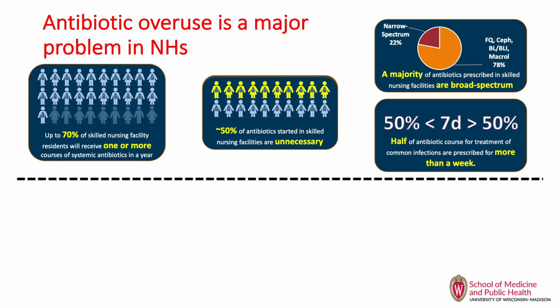Much of this prescribing is being driven by suspicion of urinary tract infection, and many of those treatments are unnecessary. However, even if you hone in on the necessary treatments, we often choose unnecessarily broad therapy and continue therapy for excessively long durations.